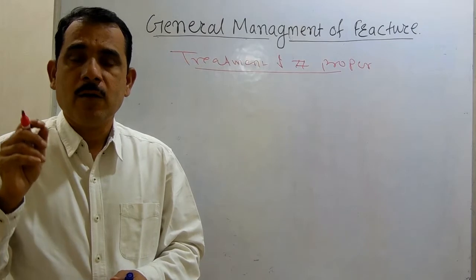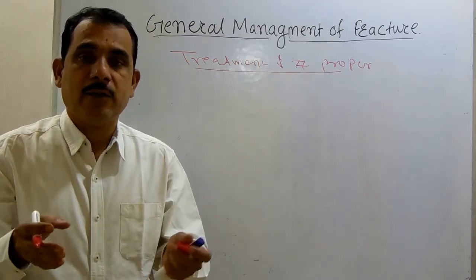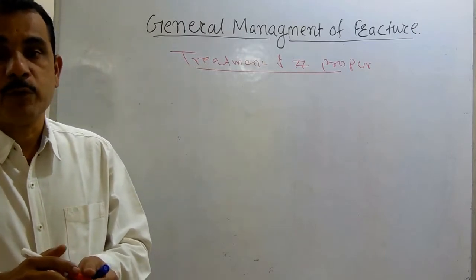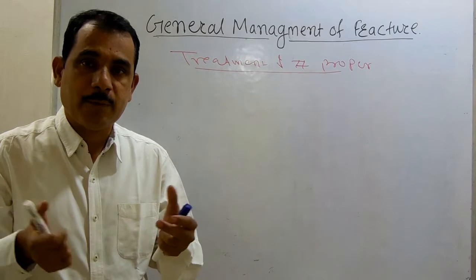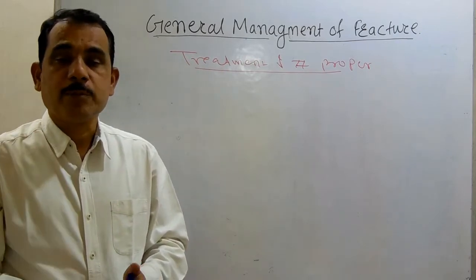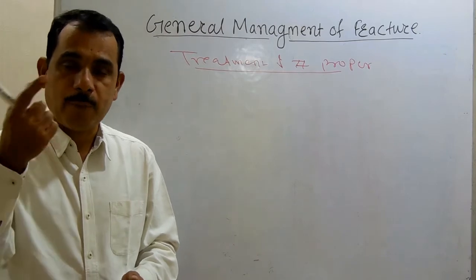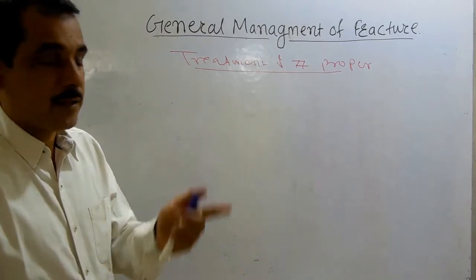When we define the fracture, we explain what type of fracture, where it is, what its nature is, how the displacement is, how the fracture line is. The further plan of management depends on that, so that's why we have to define first, as we saw in the last lecture.